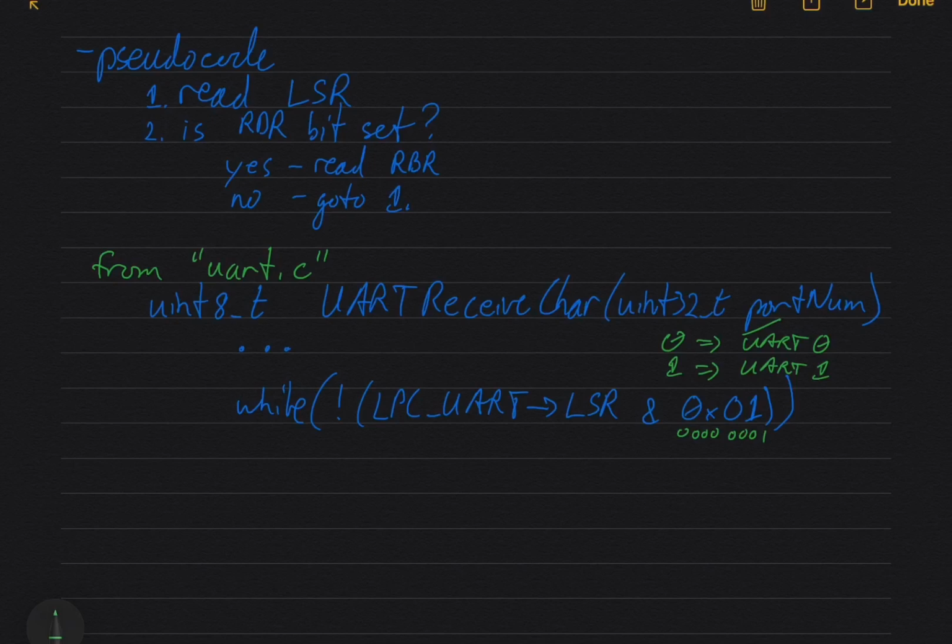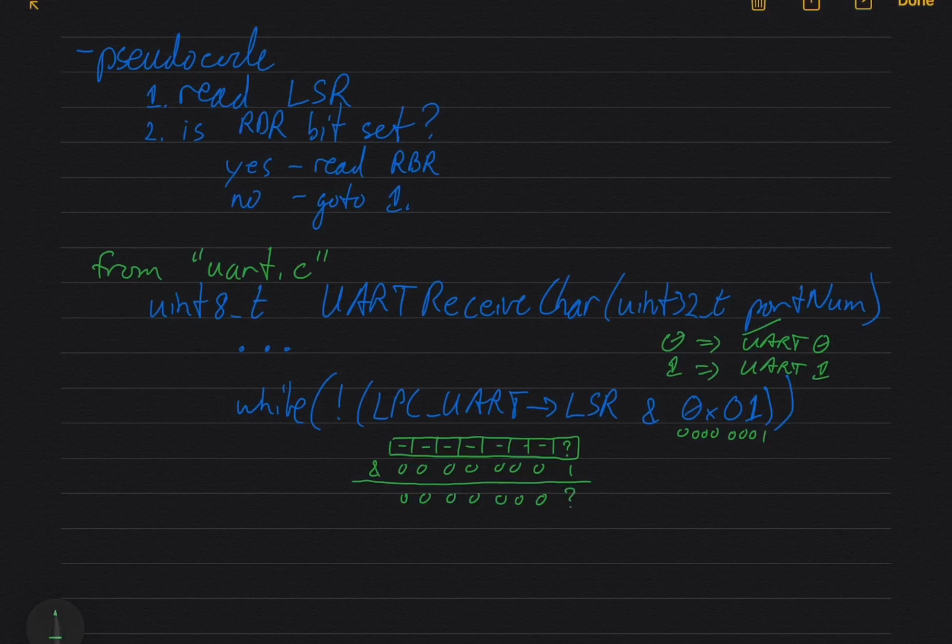When we read the contents of the LSR, I said before that we don't really care about the other 7 bits, but what we want to know is the content of bit 0, which is the receive data ready bit. So we're going to AND that with 00000001, and that will mask out those bits we don't care about.